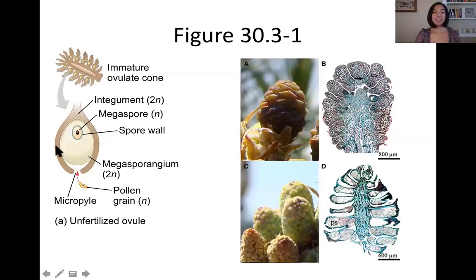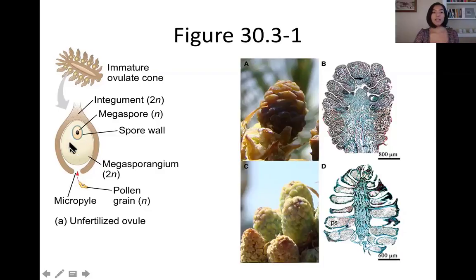And in here, as I mentioned, you have this integument, right? And the integument is diploid, because that's maternal tissue. Then we are going to have the megasporangium right here, which is also diploid. It's coming from the mom tree.